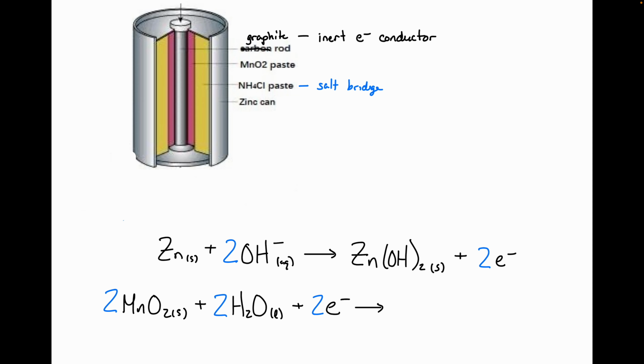All right, this forms this kind of weird manganese, oxygen, and hydroxide ion. So there's both an oxide and a hydroxide ion here. Sorry, we actually get 2 of those. Let me balance this correctly. As well as 2 hydroxide ions.